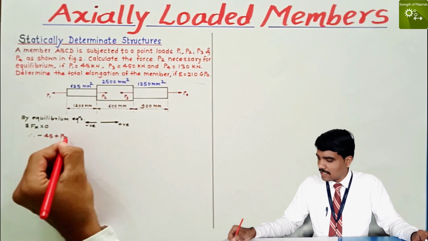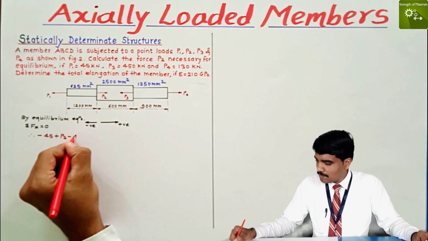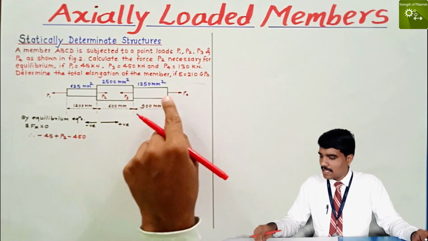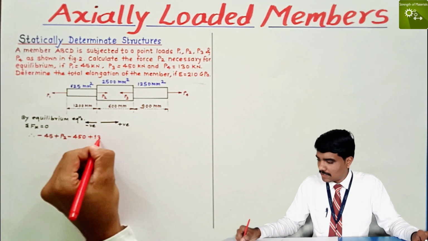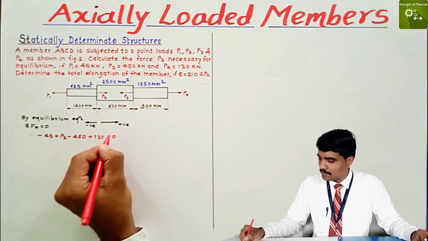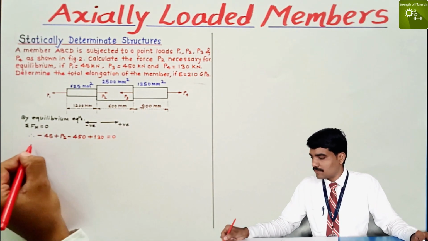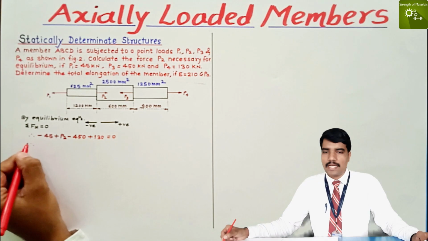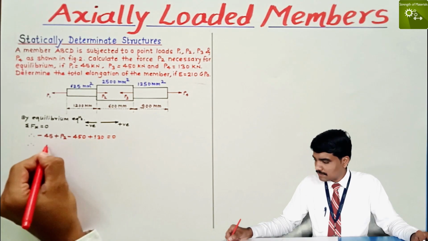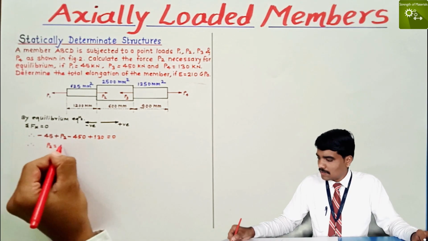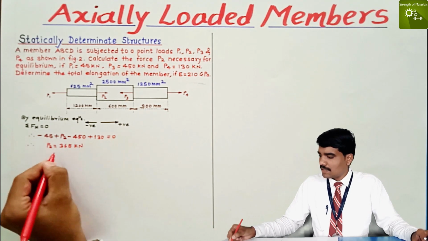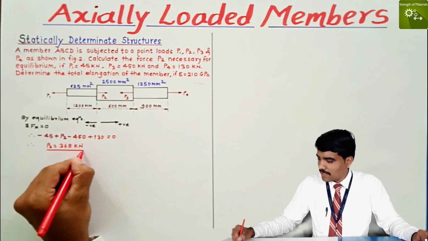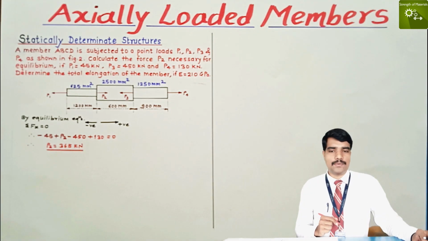P3 is again minus 450 kN and P4 goes towards right, it is plus 130, equal to 0. By solving all these we got P2, and that P2 is 365 kN. So simply by using the equilibrium condition we got P2.